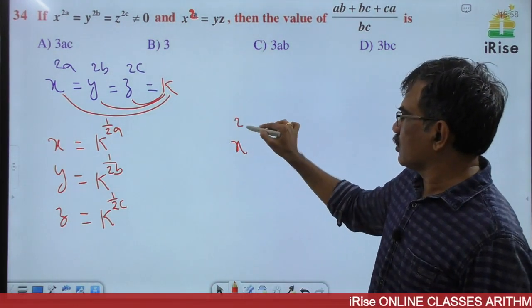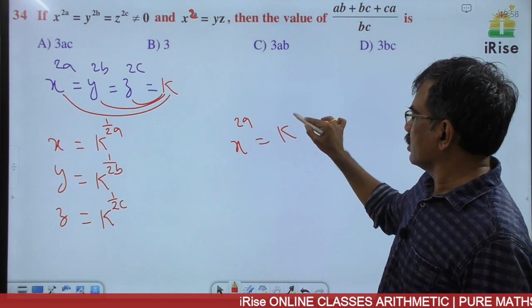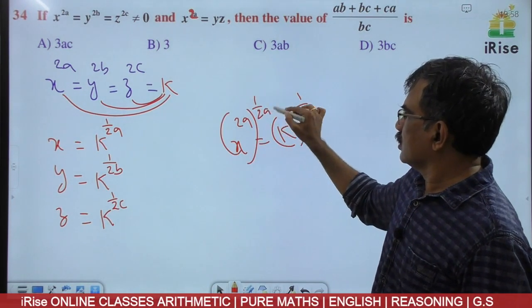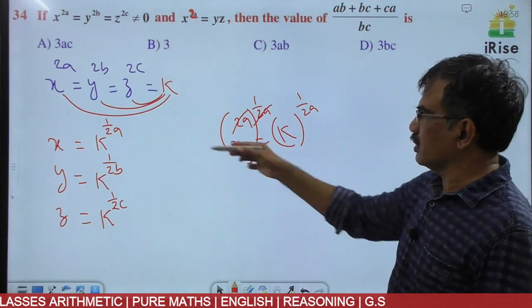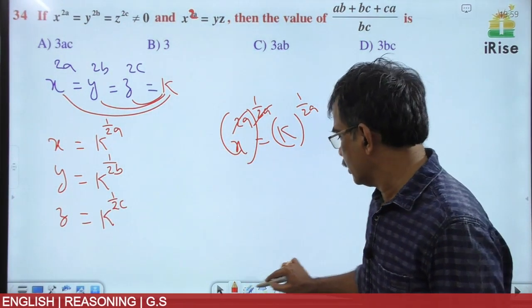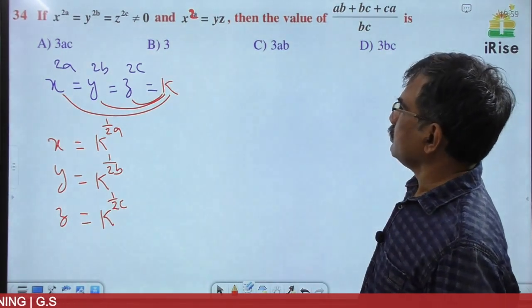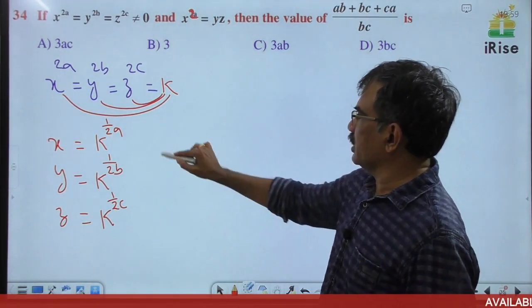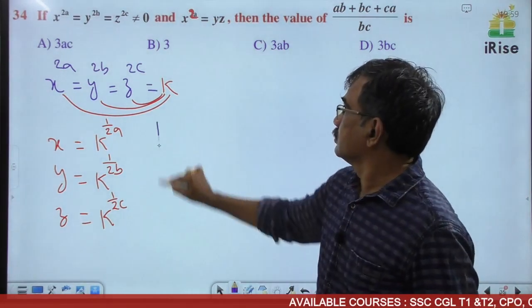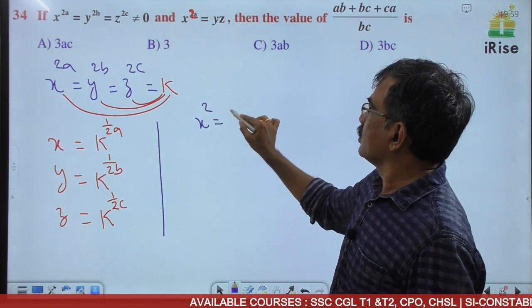Because x power 2a is equal to k, taking whole power 1 by 2a, 2a cancels, we get x is equal to k power 1 by 2a. Okay. I want to substitute in the given condition. What is the condition given? x square is equal to yz.